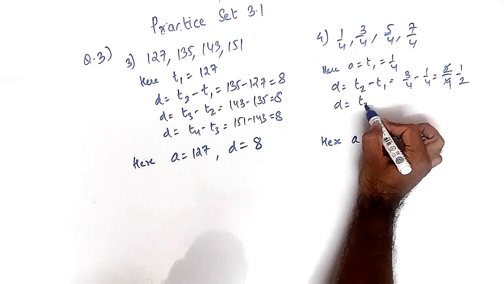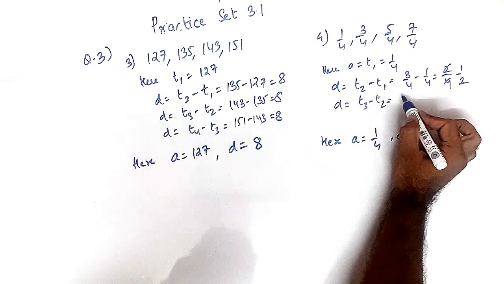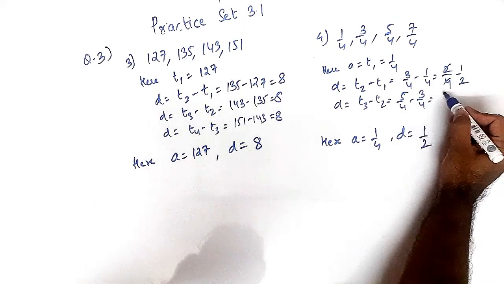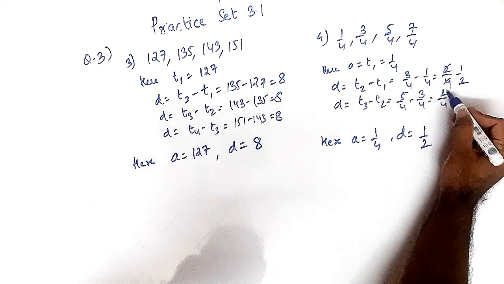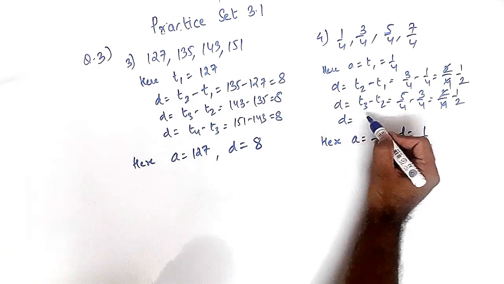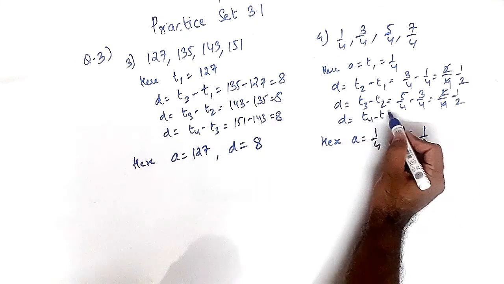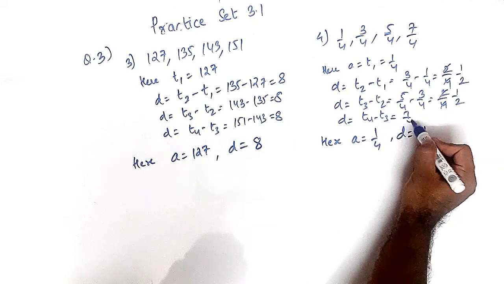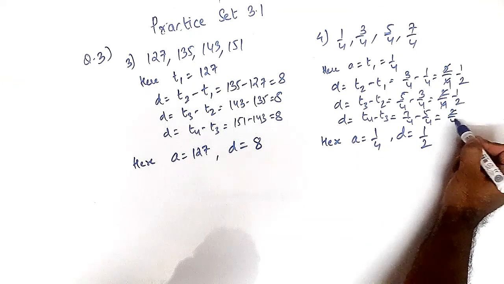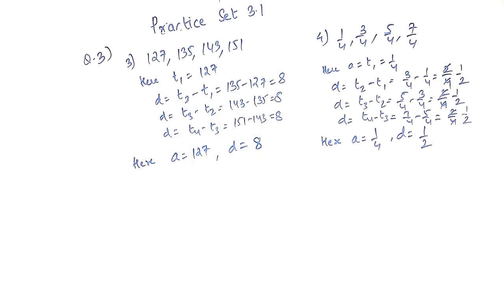Again I'll do for T3 minus T2, that is 5 upon 4 minus 3 upon 4, that is also equal to 2 upon 4, which comes to half again. And T4 minus T3 is equal to 7 upon 4 minus 5 upon 4, that is also equal to 2 upon 4, that is equal to half.